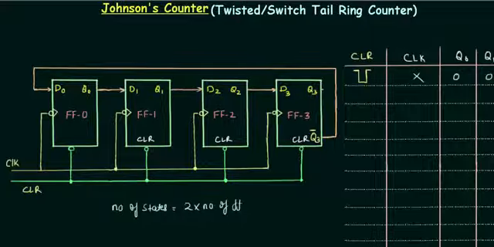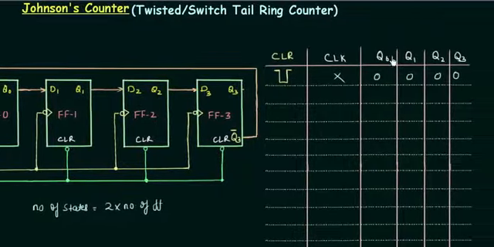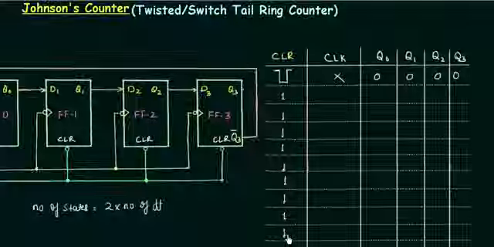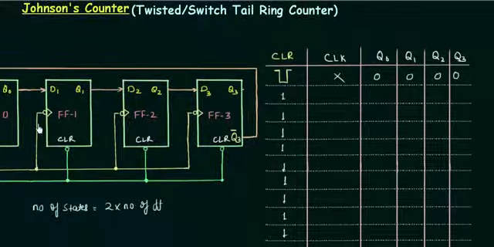Let's see how it counts. I have already written the output when the clear input is low, and now we will make the overriding input high for the rest of the cases so that the clear will not interrupt the output. For the clock, you can see the flip-flops are negative edge triggered, so all the changes will happen at the falling edge. This downward arrow represents a negative edge triggered flip-flop.